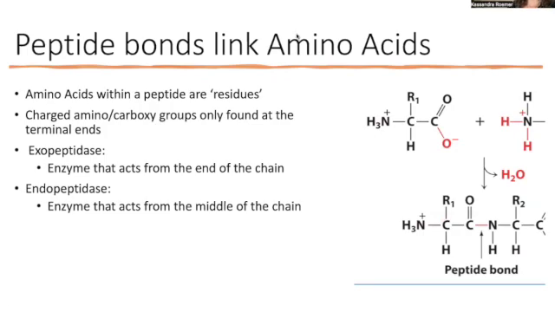All right. Next, we know that amino acids are linked via peptide bonds. So within a peptide, amino acids are referred to as residues because they form those peptide bonds and they only have their residual atoms essentially, since the other two contribute to the peptide bond. So we have a hydrolysis reaction right here.